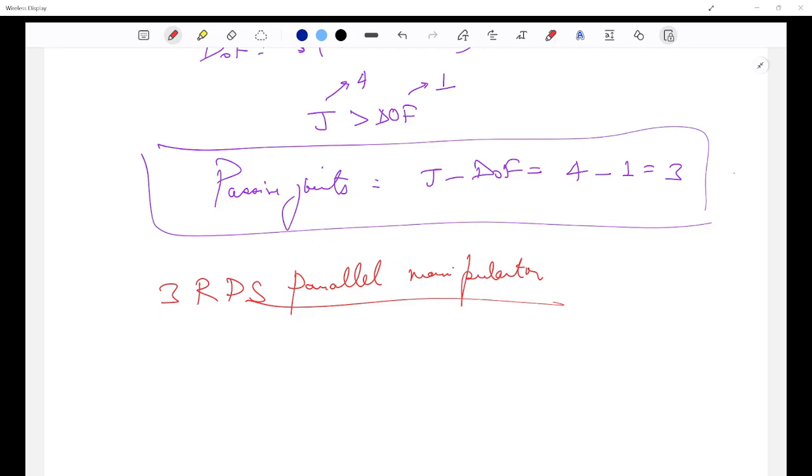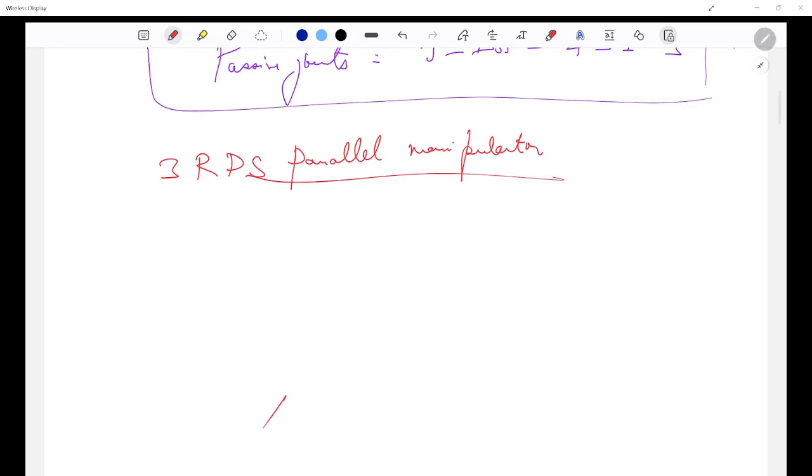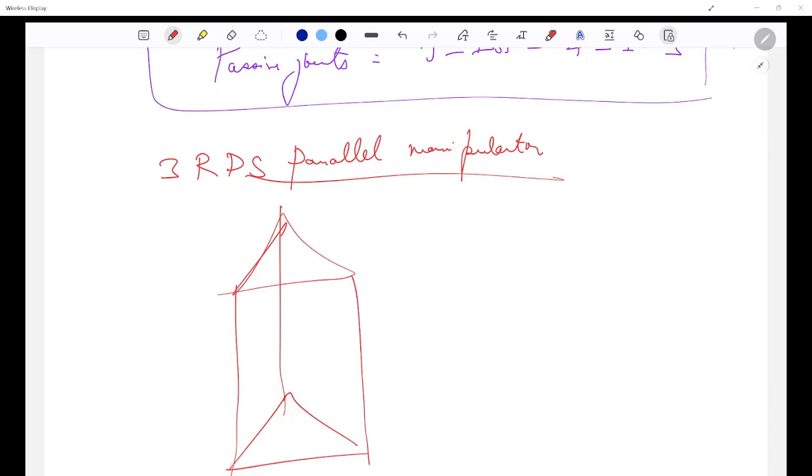So it is R, P and S. If I draw it, these are the connections: a revolute joint over here, a prismatic joint here, and a spherical joint here.